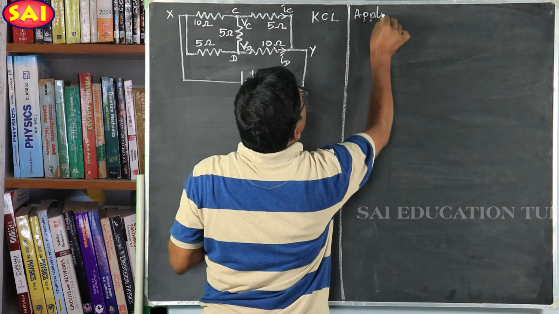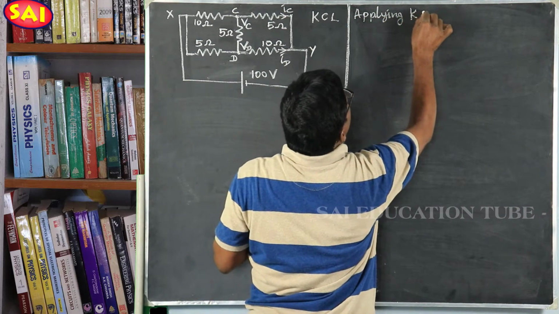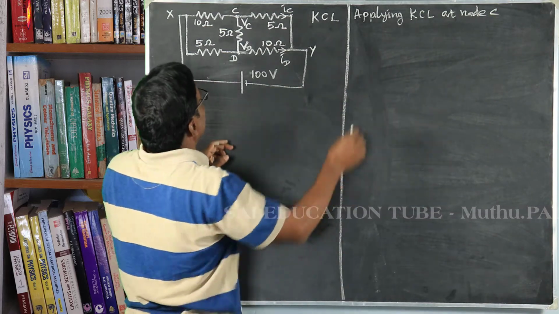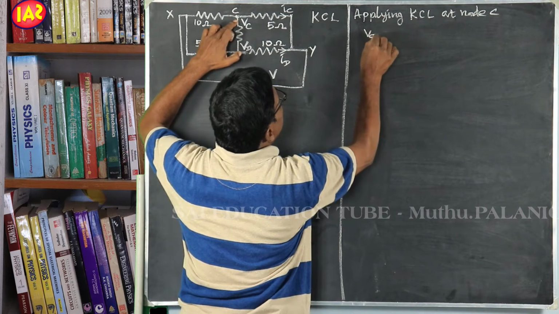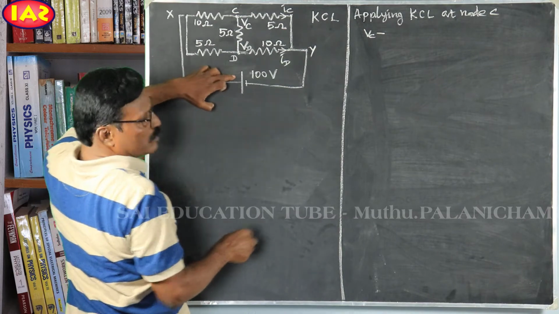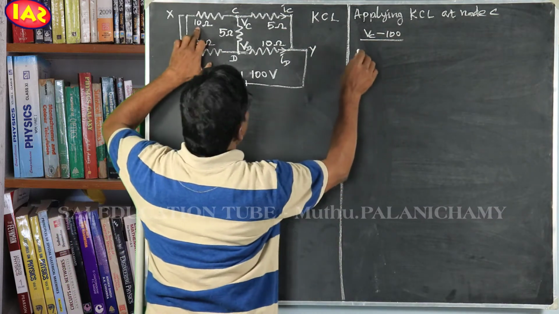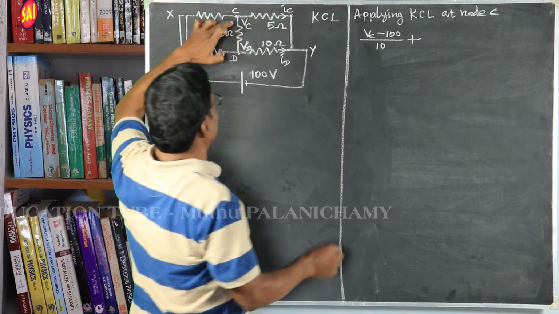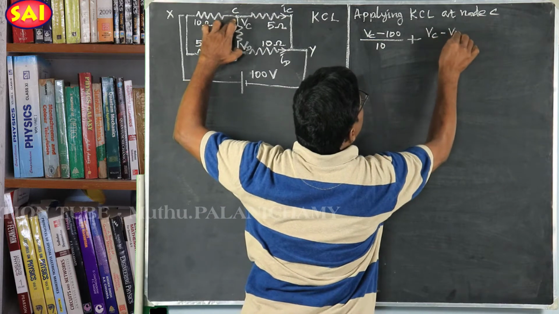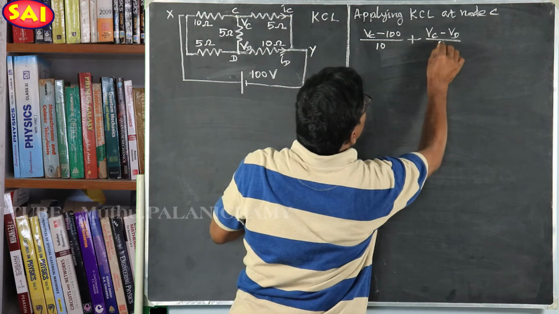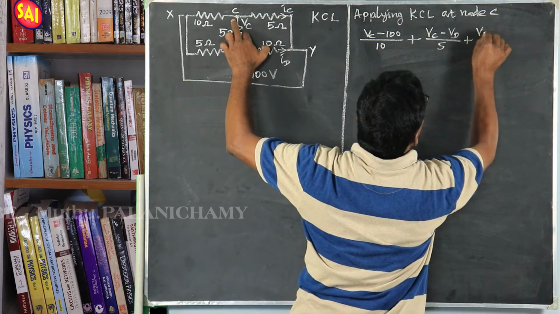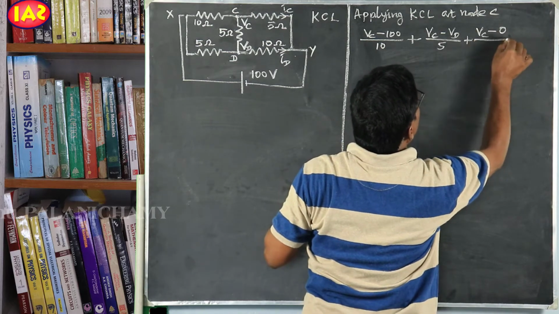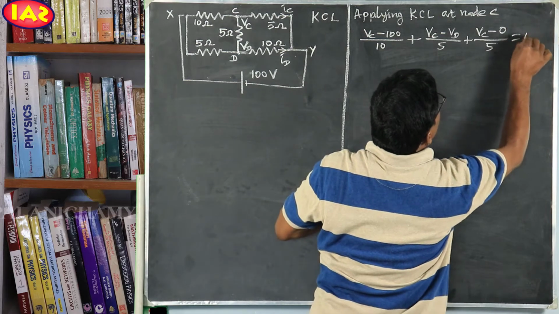Applying Kirchhoff's current law at node C, we can write this equation: VC minus the potential here, which is 100 volts, by the resistance 10 ohm, plus the current through this resistor, VC minus VD by the resistance 5 ohm, plus VC minus 0, since here the potential is 0, by the resistance 5, equal to 0.